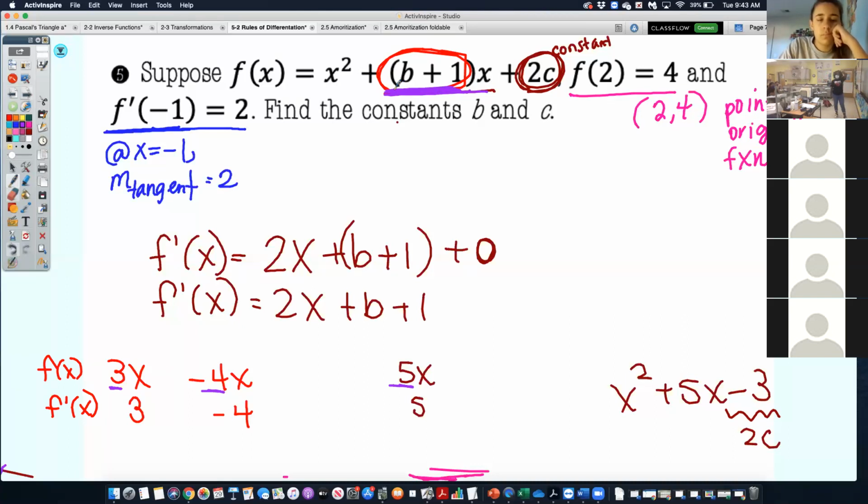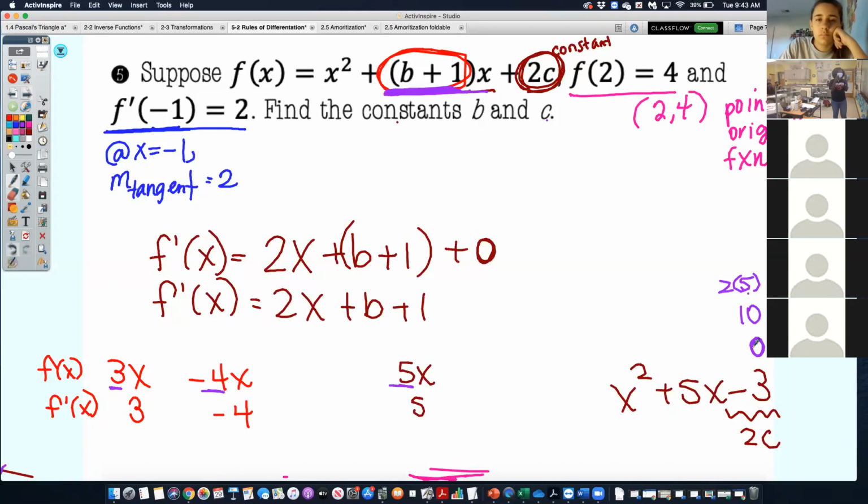And why is the derivative of 2c 0? Because c, again, is a constant. C could be 5. So if c is 5, that gives me 10. Well, the derivative of any constant is always 0. Collectively, 2c is a number, like negative 3, like 10, like 1.